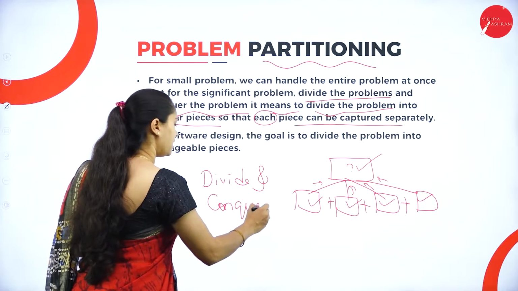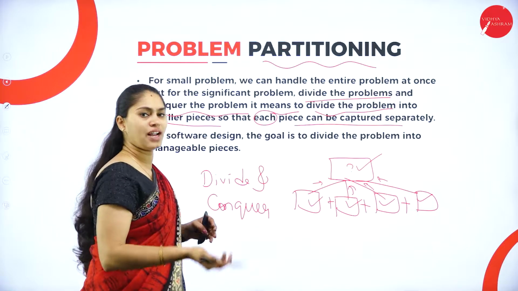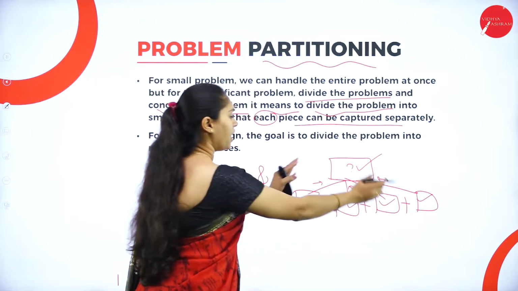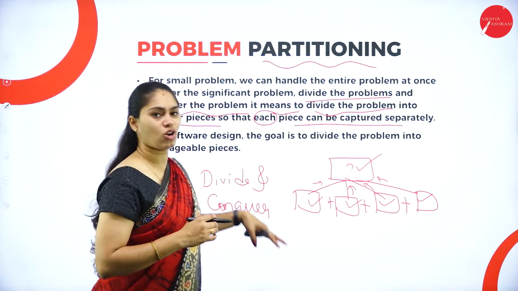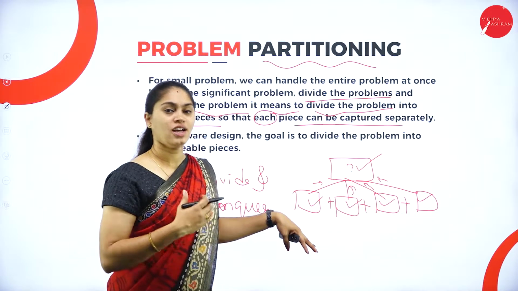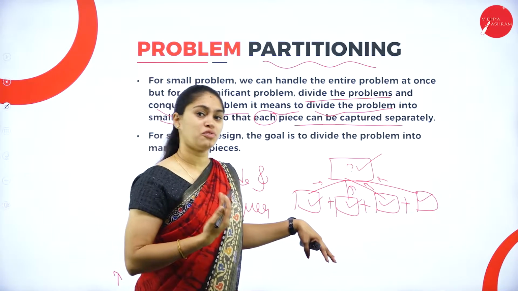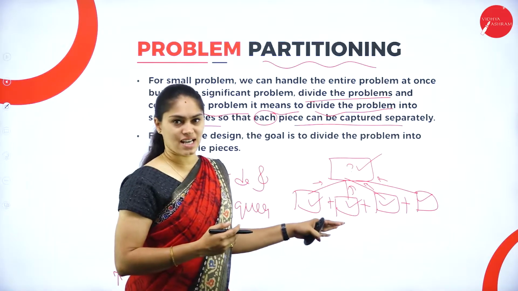Divide in the sense that we divide the problem into a number of sub-problems. After finding a solution to each sub-problem, it needs to be integrated. That is what conquer. The divide and conquer method is used to handle the complex problem which we are going to face in the development of software at the time of its designing phase.